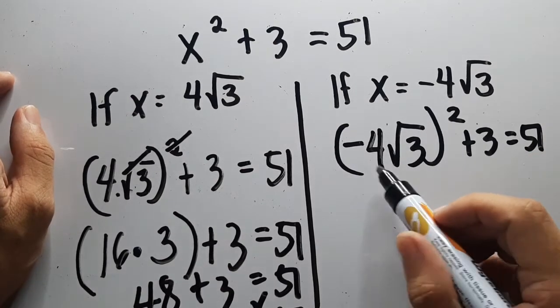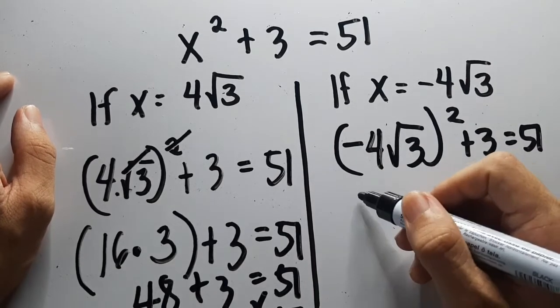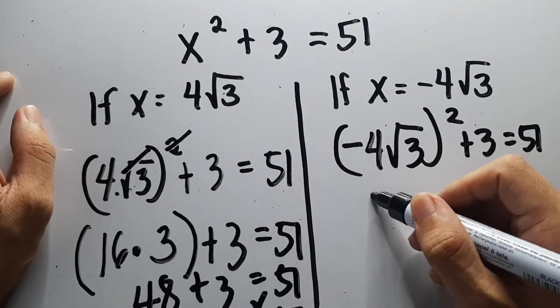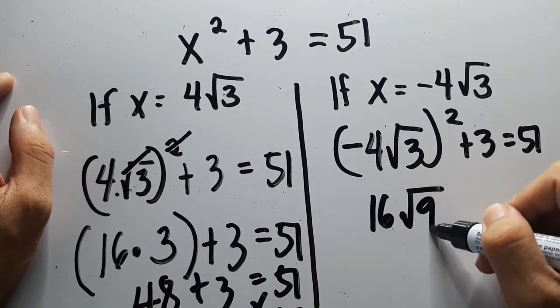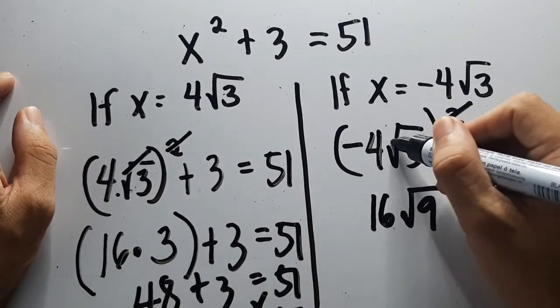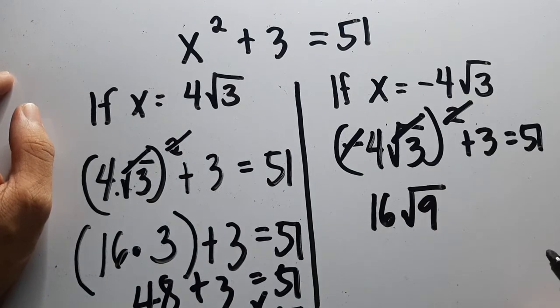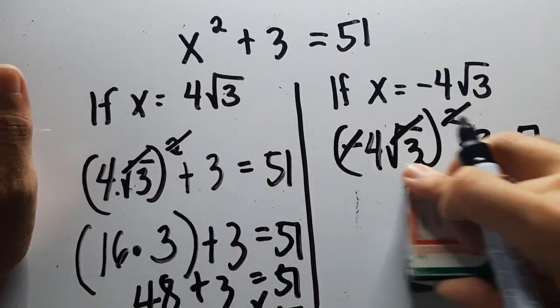So we have negative 4 square root of 3 multiplied by negative 4 square root of 3. It will become 16 square root of 9. Or should I say, let us cancel this one, and cancel this one. It will become positive. So we will remove this part.